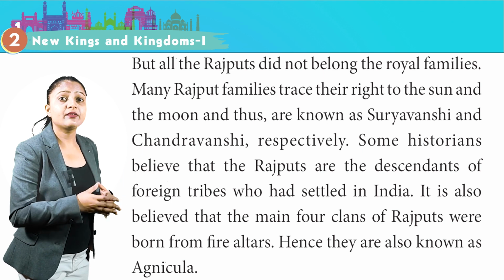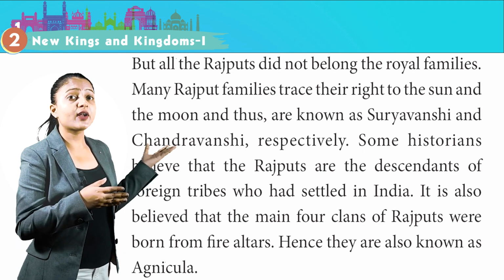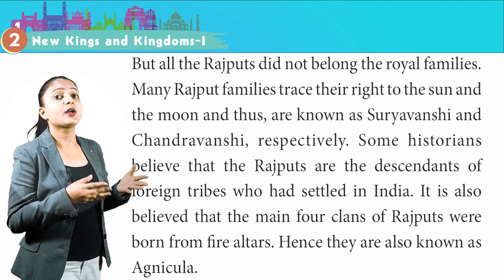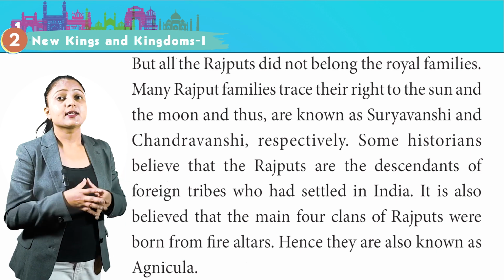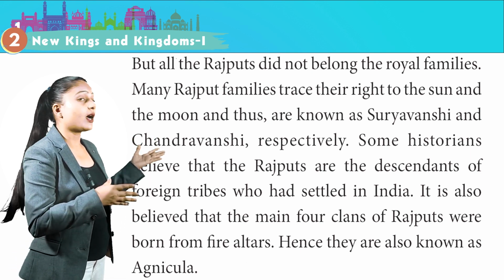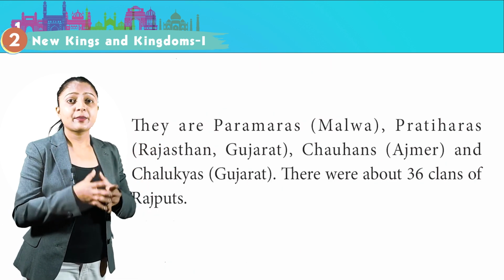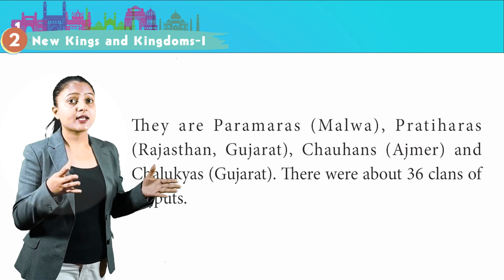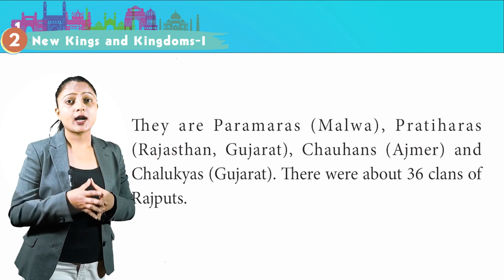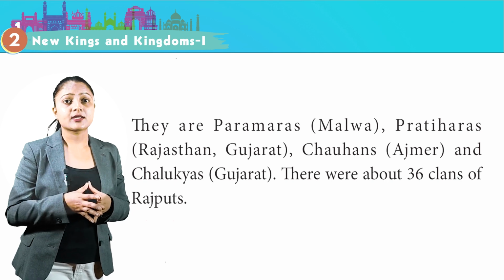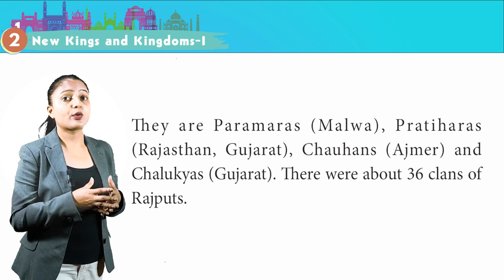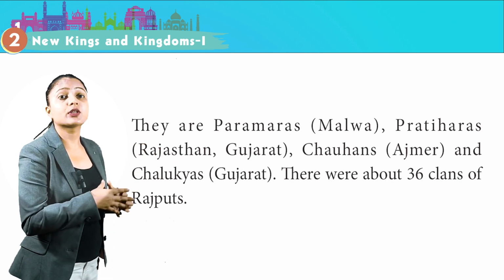It is also believed that the main four clans of Rajputs were born from fire altars, hence they are also known as Agni Kula. They are Parmaras, Malwa, Pratiharas, Rajasthan, Gujarat, Chauhans, Ajmer and Chalukyas, Gujarat. There were about 36 clans of Rajputs.